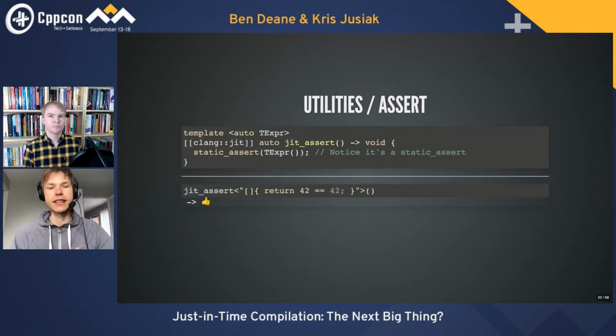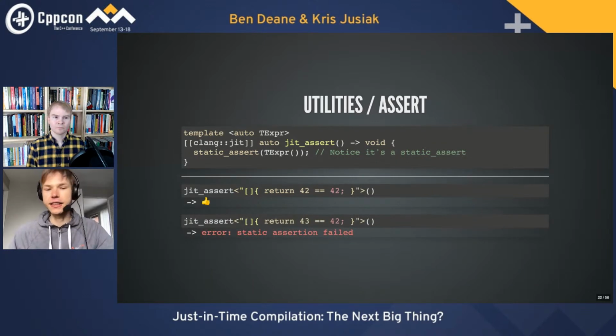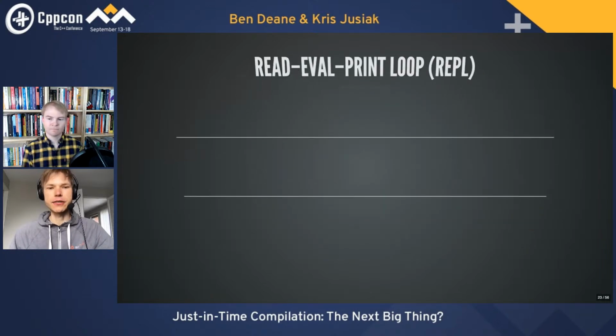So if you pass this expression, that won't trigger the static_assert as expected, and this one on the other side, it will. So you can see that that's quite a powerful way of dealing with compilation things.